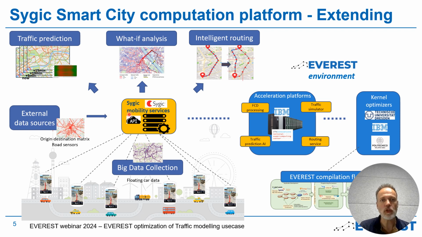So to achieve our product goal, to improve our services, we are in need of a performant infrastructure, which comes with Everest both in terms of a platform, such as those provided by IBM and IT4I as supercomputing center, and optimization tools, which are coming from our technological partners, such as TUD Dresden, IBM Zurich, and Politecnico di Milano.